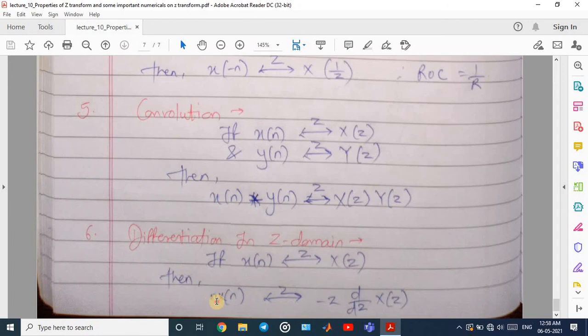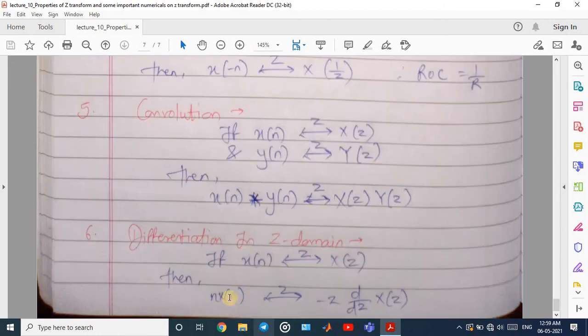The z transform of this sequence is minus z into the derivative of x of z.